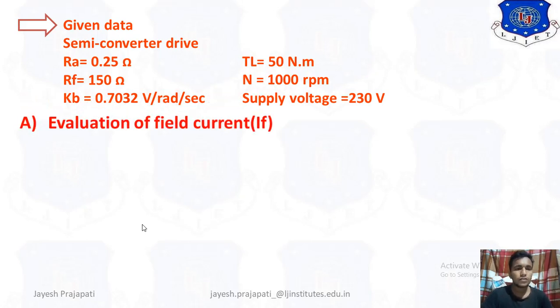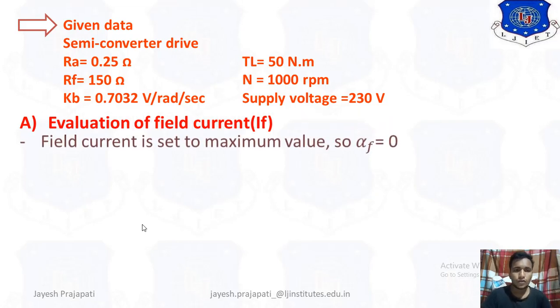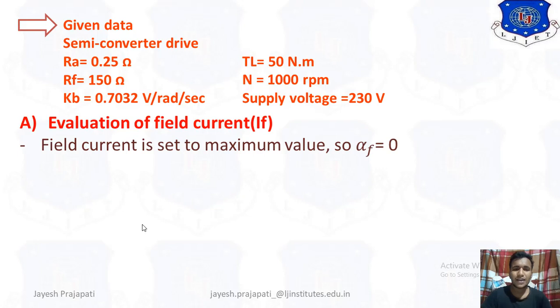Now first, the evaluation of field current If. We know that the field current is set to maximum value, so alpha F is equal to 0.